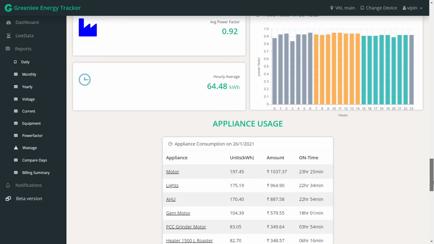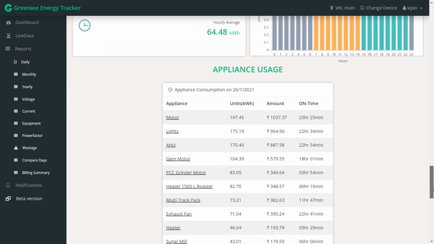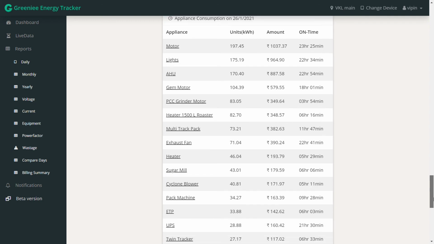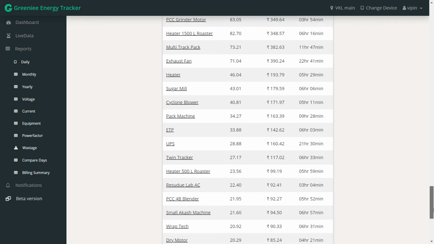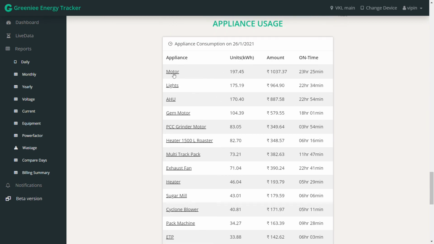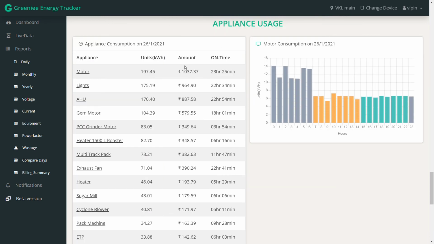And down at the very end, you get the detailed equipment level consumption report. The list includes the consumption, running time, and energy cost incurred by each of these equipment. Click on one of these, you can see the hourly consumption as well. Now this allows you to understand two important things.